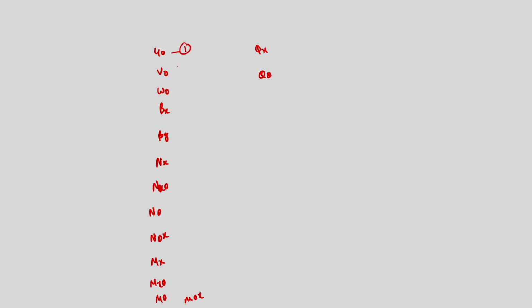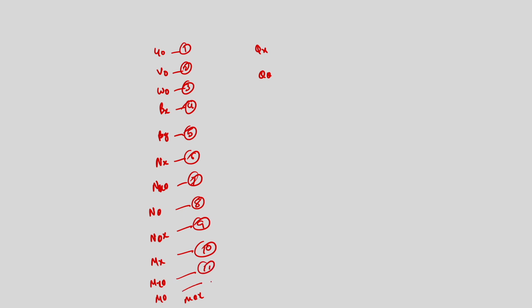So, number 1, 2, 3, 4, 5, 6, 7, 8, 9, 10, 11, 12, 13, 14 and 15. So, we have 15 unknowns.